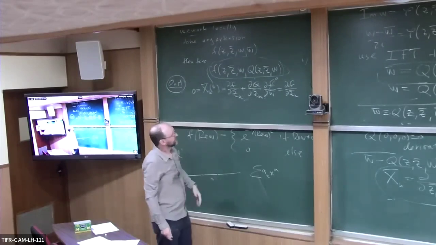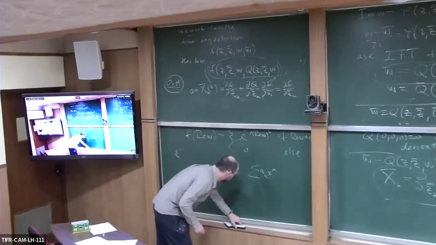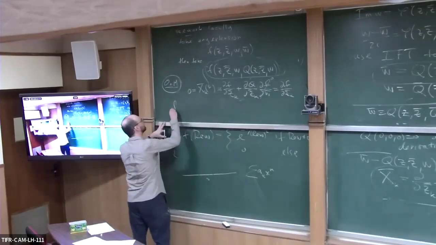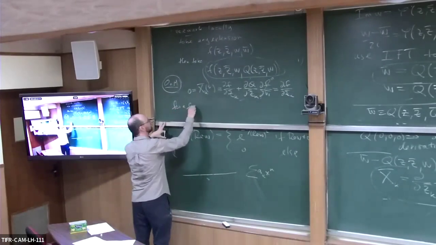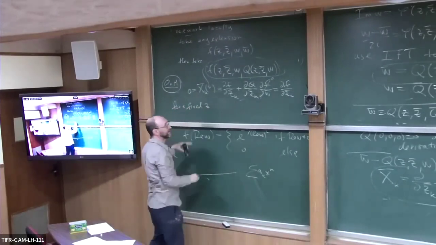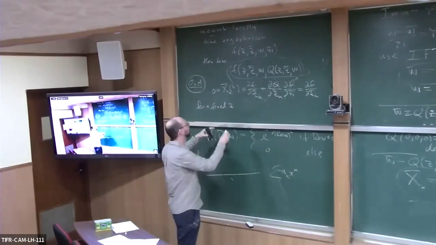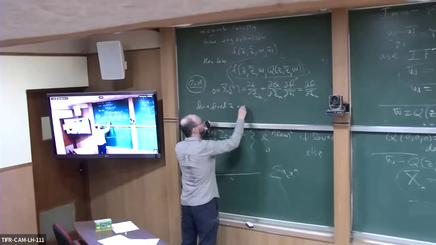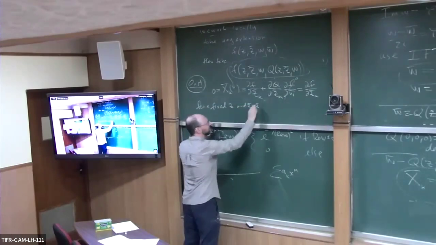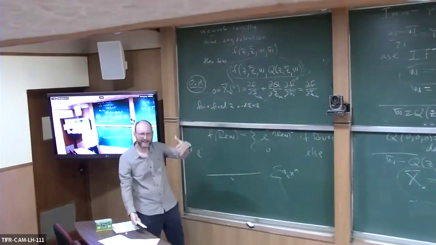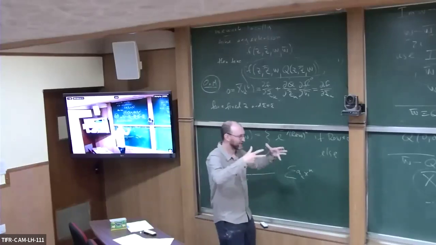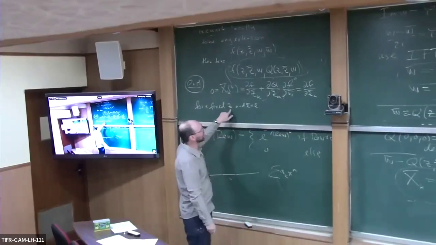But now, for a fixed Z and Z bar, where Z bar is equal to Z bar, I am looking at the diagonal.